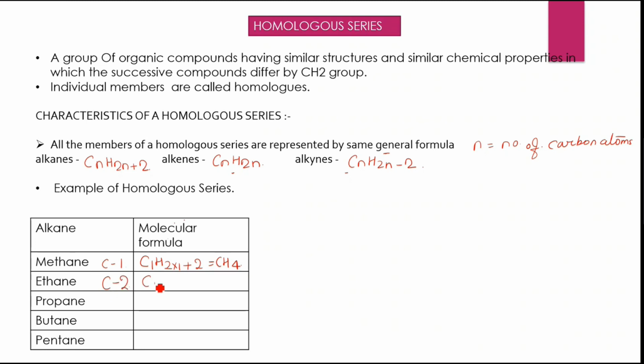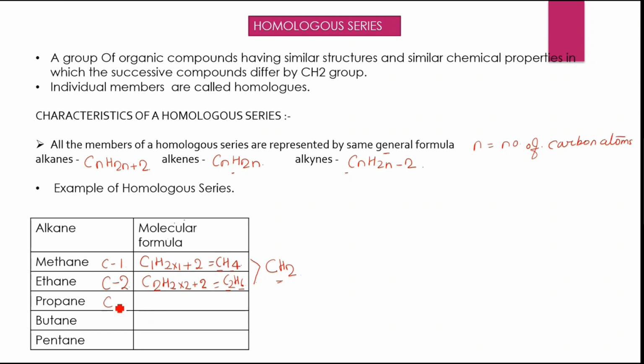The molecular formula is C2H(2 into 2 plus 2), which is C2H6. Now the difference between ethane and methane is that in ethane we have two carbon atoms and in methane we have only one carbon, so the difference is 1 C. In ethane we have 6 hydrogens and in methane we have 4 hydrogens, so the difference is 2 hydrogens. So between methane and ethane the difference is a CH2 group.